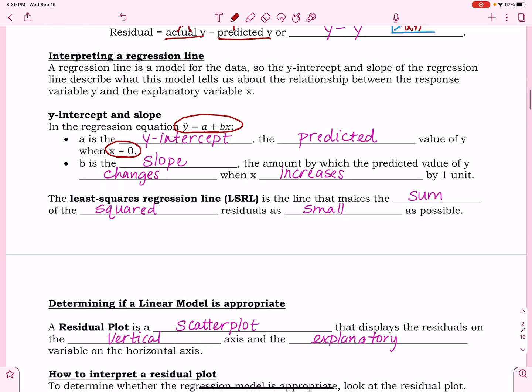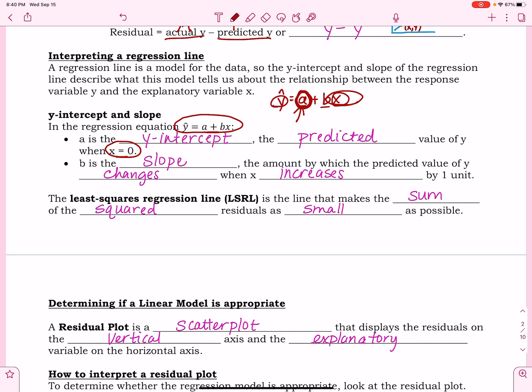So if you have a prediction equation that looks something like that, obviously, we're going to have values for a and b, and then x and y are going to be whatever our variables are in context. And so when x is 0, that is an indicator of what this value is right here without x. So if we're talking about some kind of context, whatever x is, if it makes sense for x to be nothing and y to be something, then it will or will not make sense. So we're going to talk about that in an example.